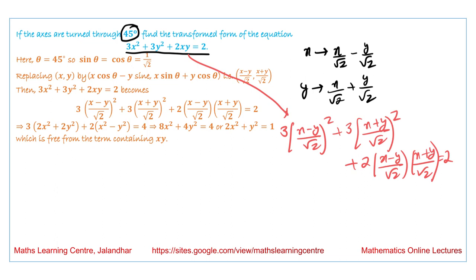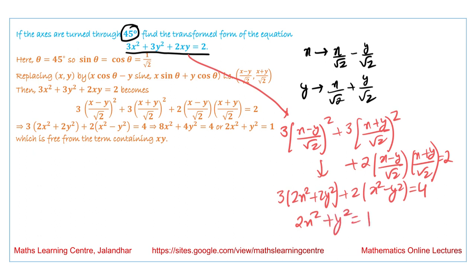On solving this, we obtain the equation in the form 3 into (2x square plus 2y square) plus 2 into (x square minus y square) is equal to 4. So, we get the equation in the form 2x square plus y square is equal to 1. This is the equation that we obtain.